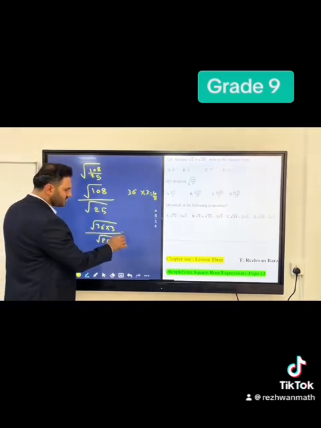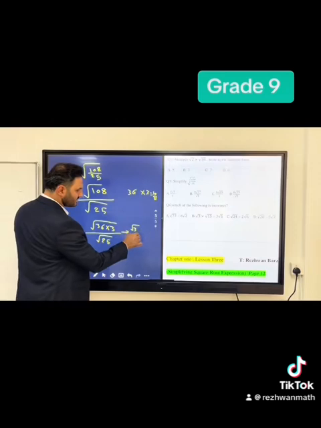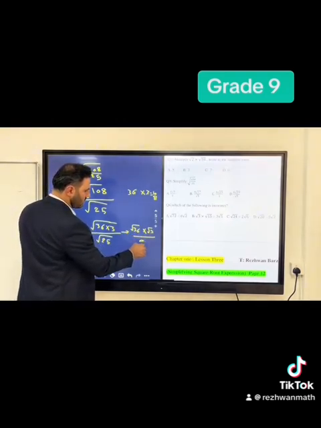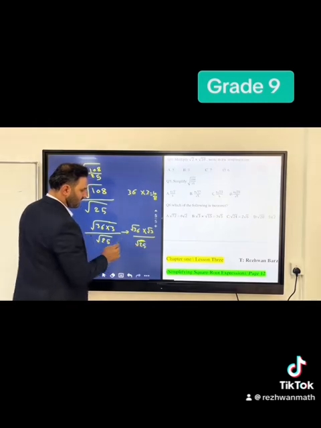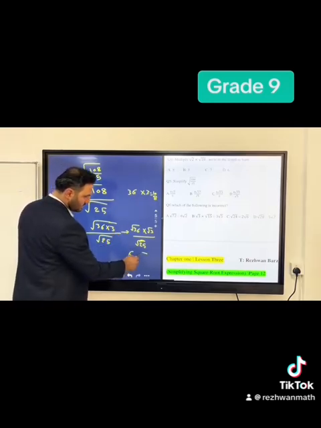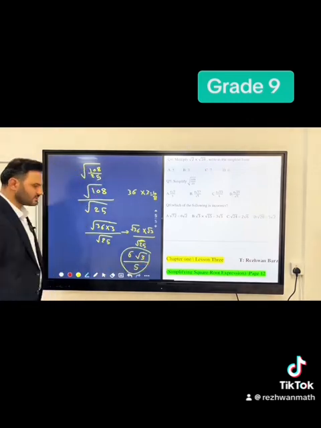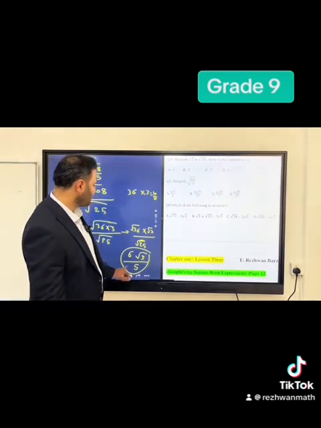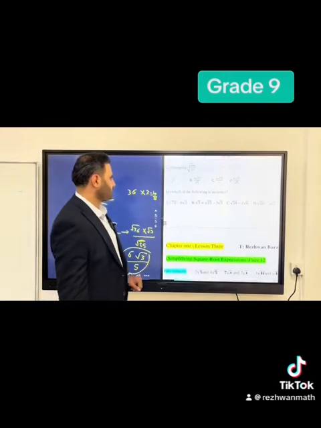Then distribute the square root for both: square root 36 times square root 3 over square root 25. Because 36 is a perfect square, we can find the square root of 36. The square root of 36 is 6, and square root 3 over the square root of 25 is 5. So the simplest form is 6 square root 3 over 5. Now the right answer is A.